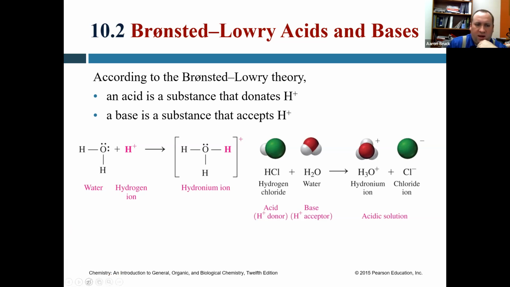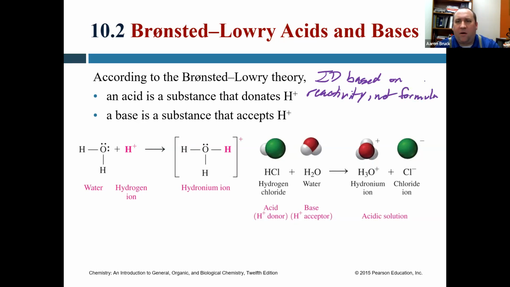The note we're going to make is basing it on reactivity and not formula. So in the Bronsted-Lowry definitions, which are based on reactivity, not formula, what we're looking at is primarily what happens to H+.